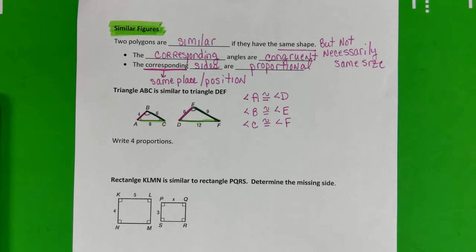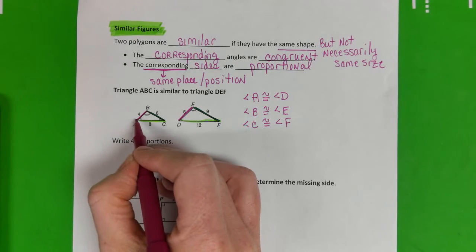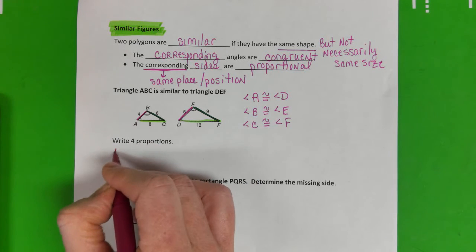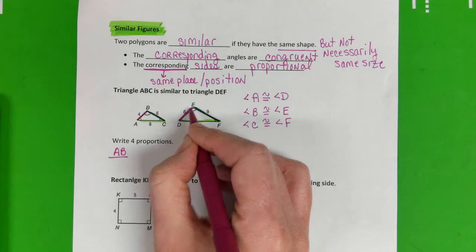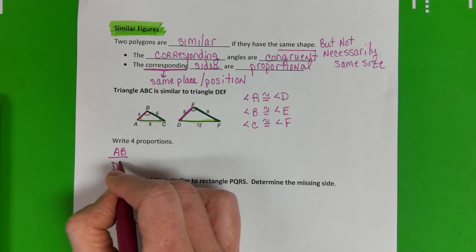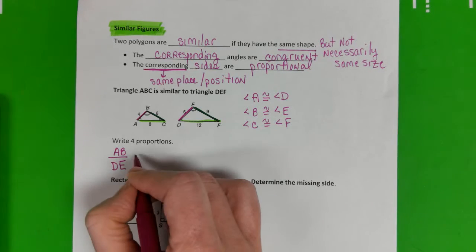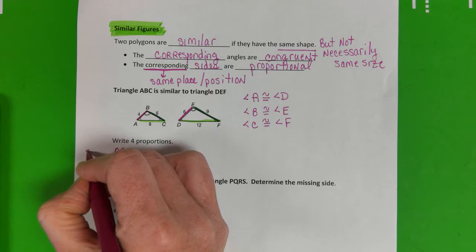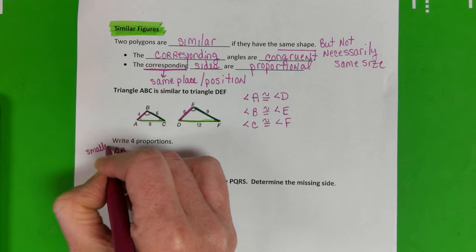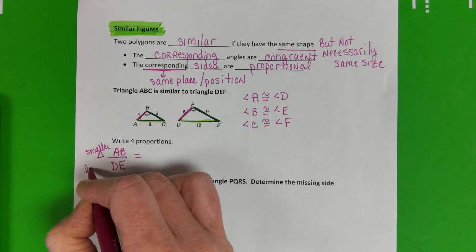What's really important is to make sure that we have corresponding sides together and sides from the same figure. For example, we could say that side AB, what corresponds to it? Well, it's DE, right? So I'm going to write AB over DE equals, okay, now AB is in the smaller triangle and this is the larger triangle, right?